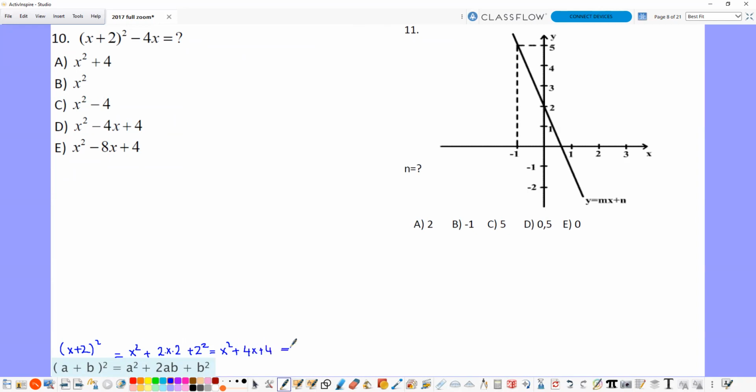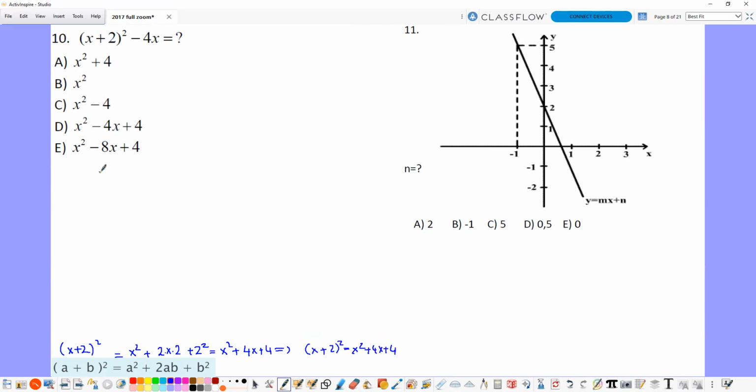So x plus 2 squared is equal to x squared plus 4x plus 4.